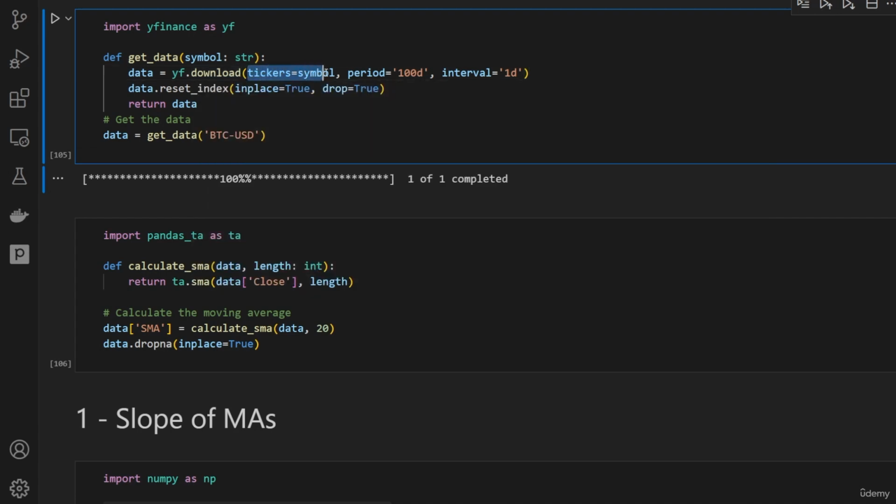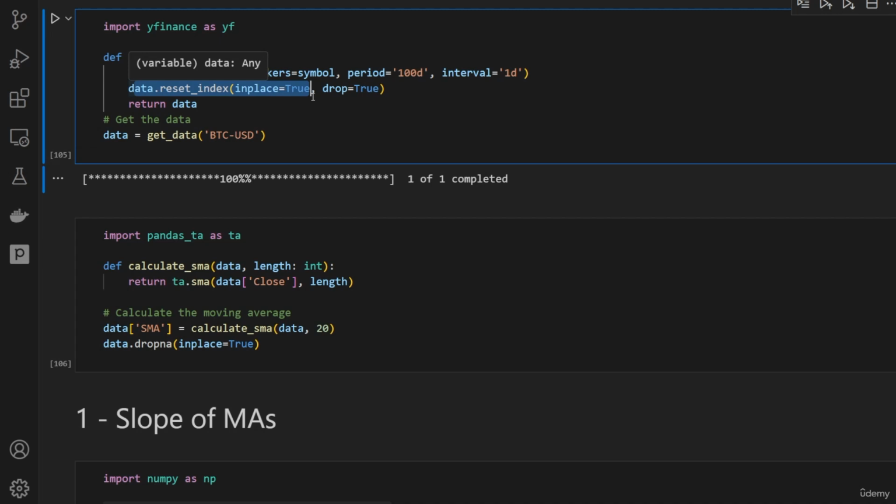This is where we're going to pass the symbol, which is the argument of the function getData, as the parameter tickers. So tickers is equal to the symbol value, and the period is 100 days, which means we're downloading 100 days worth of data. The interval is 1 day, so this is the daily time frame we're working on here.